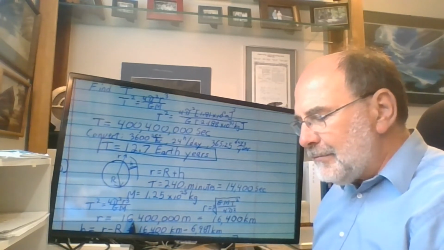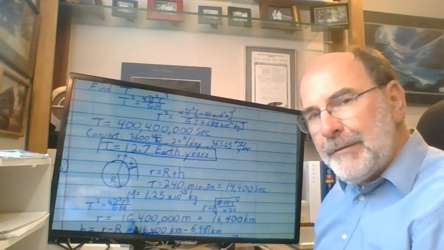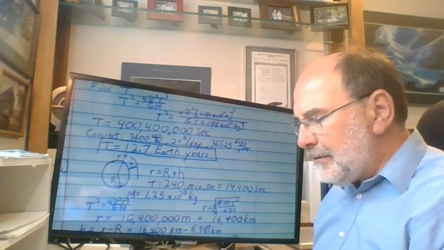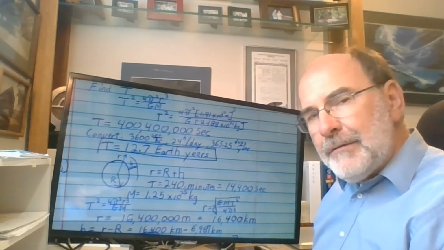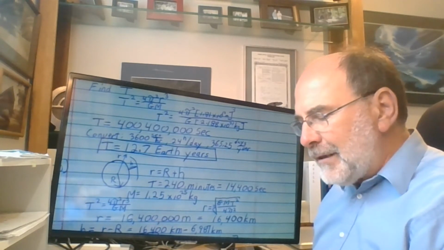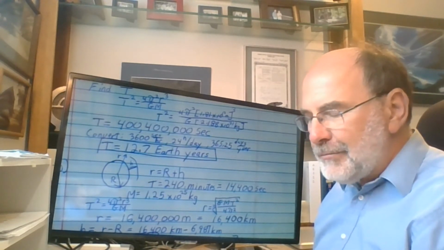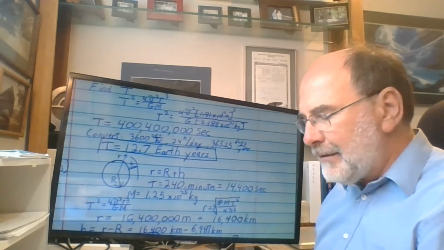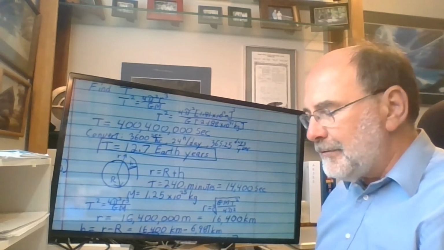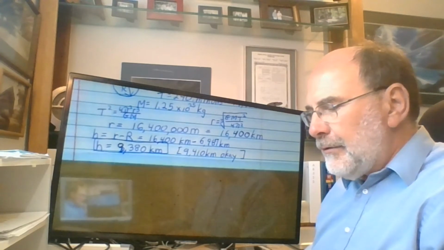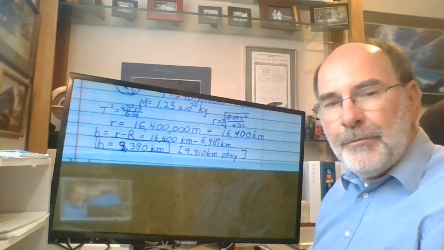You have to convert the orbital radius that you calculated for the satellite into kilometers and subtract. If you round off early, then you'd end up with 9,410 kilometers. If you don't round off till later, you get 9,375 kilometers, which you should round off. 9,380 kilometers would be pretty good. So that's how you do those first two problems from that quiz.